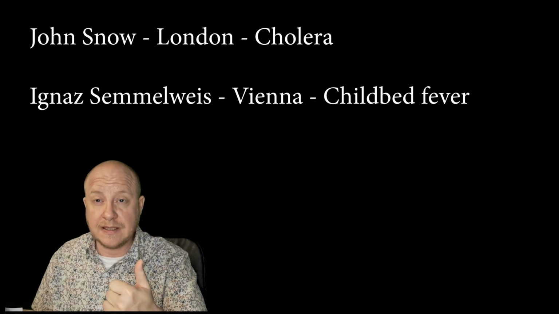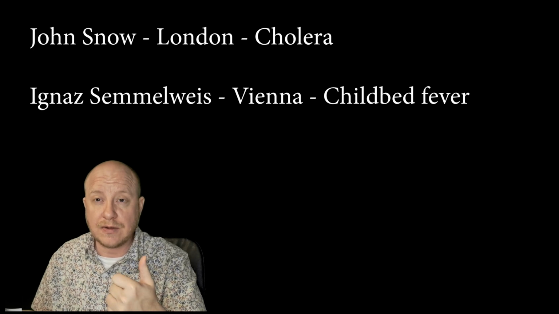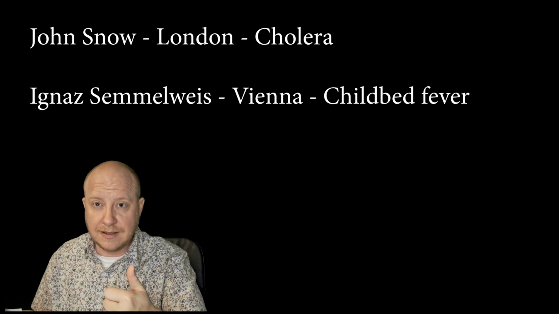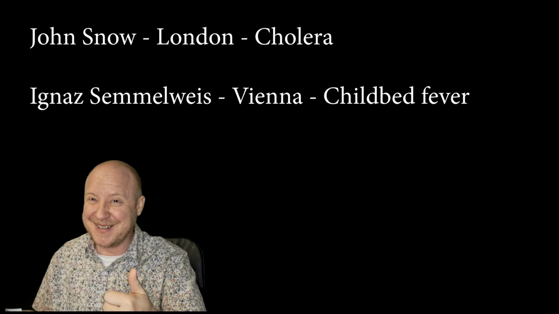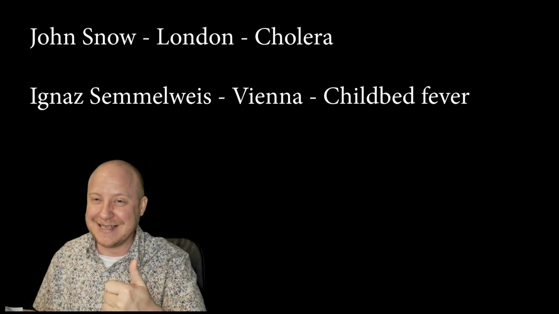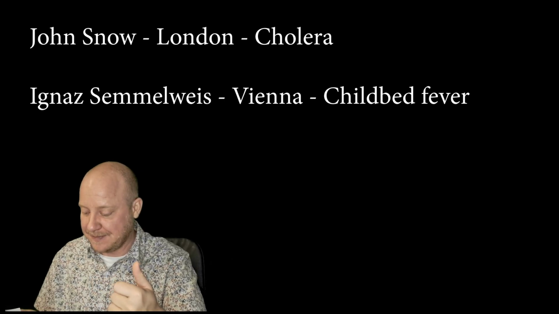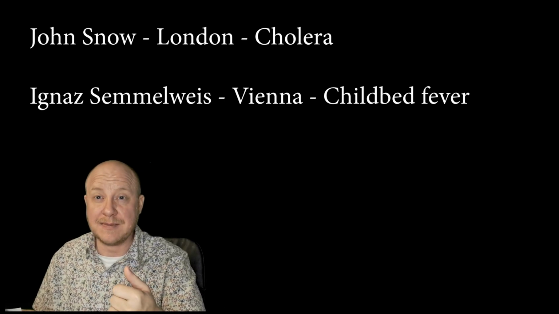One of them is in London and the other is in Vienna. Okay, so we're going to talk about John Snow in London, not Game of Thrones Jon Snow, long before that, a different John Snow. And we're also going to talk about Ignaz Semmelweis in Vienna, in Austria.